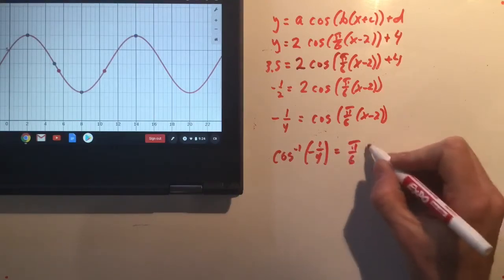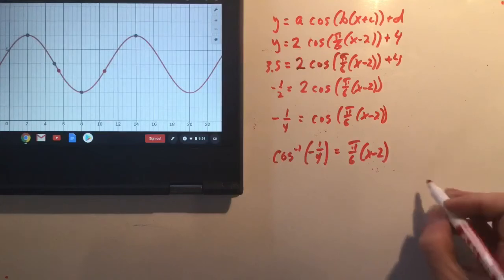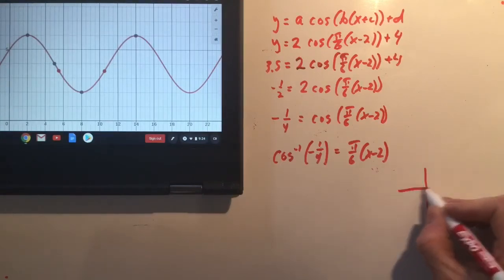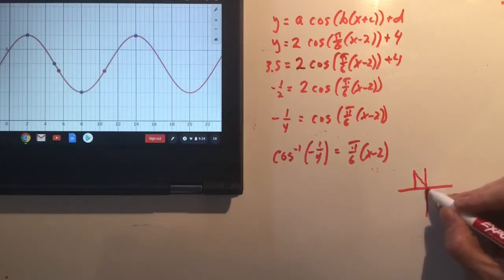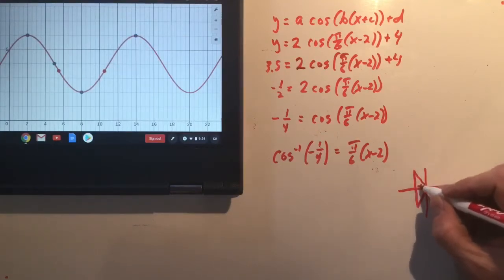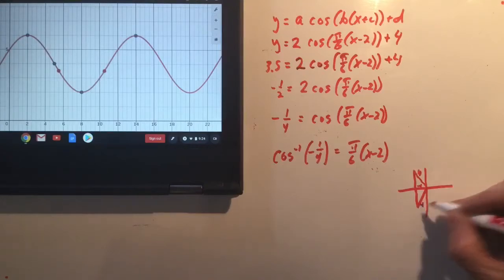Now I know the cosine is negative here in the second quadrant, and also in the third quadrant. Negative 1 and 4 becomes your hypotenuse.